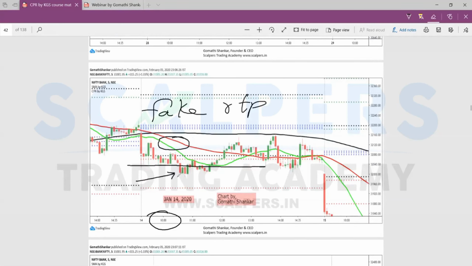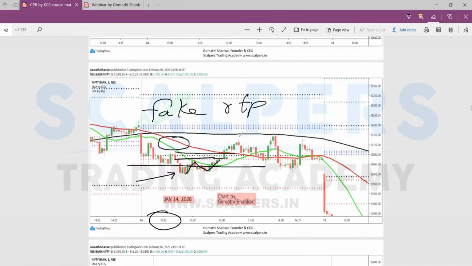The moment candles cross the 20 SMA, your stop loss somewhere around here will be hit. So this is how a fake RTP occurs. Sometimes fake RTP also comes. And the market is sideways in this area, so you should avoid trading.